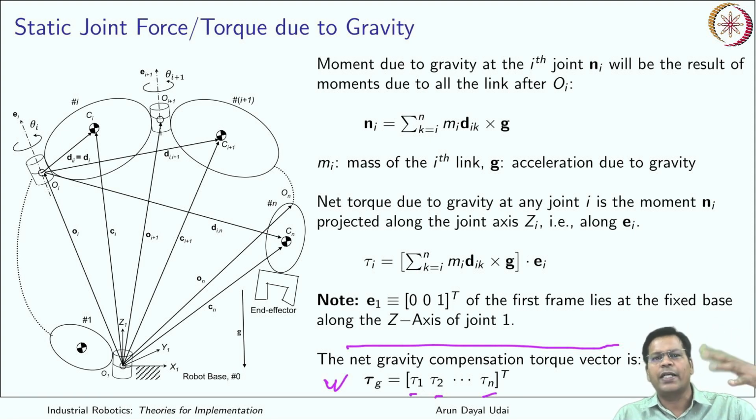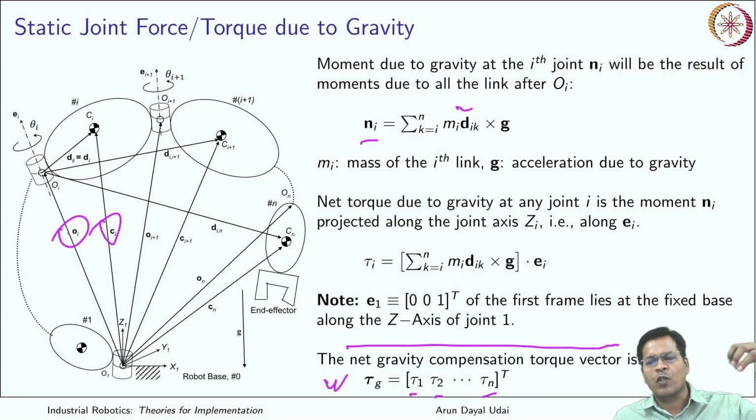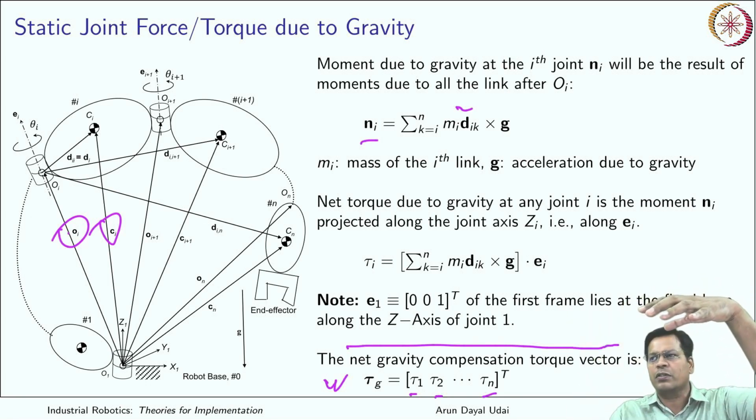Now you will feel as if there is no gravity acting. But this is dynamic in nature, because if you change the orientation or position of your robot, the joint angles change. That finally changes all these vectors, and finally your torque will also change. So every position will have a different set of torques that is to be fed to all the joints, and that is to be updated every time.